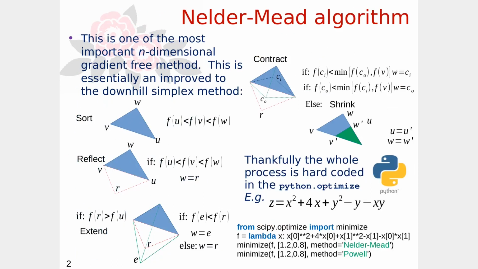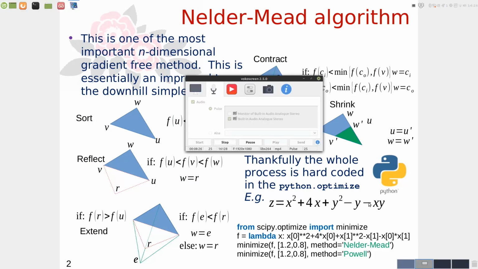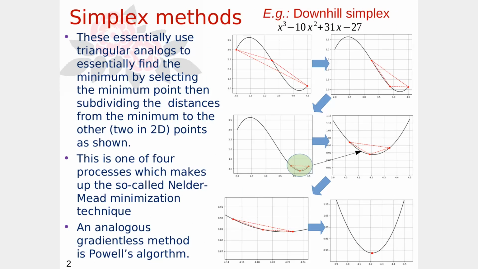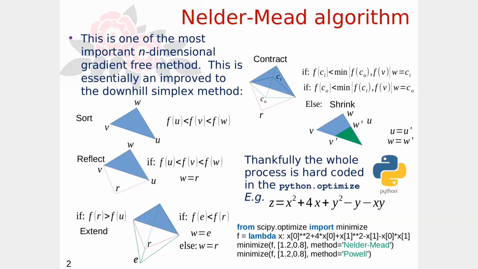Here we simply set up a lambda which would be x0, x1. So here we have a 2 variable problem. This one was a 1 variable problem. This is now a 2 variable problem.